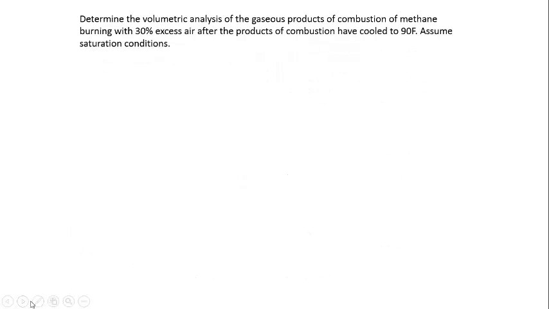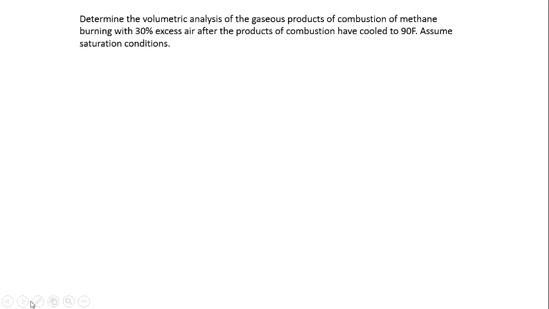So another example problem: determine the volumetric analysis of the gaseous products of combustion of methane burning with 30% excess air after the products of combustion have cooled to 90 Fahrenheit. Assume saturation conditions. This problem is interesting because it asks us to find the volumetric analysis of gaseous products.